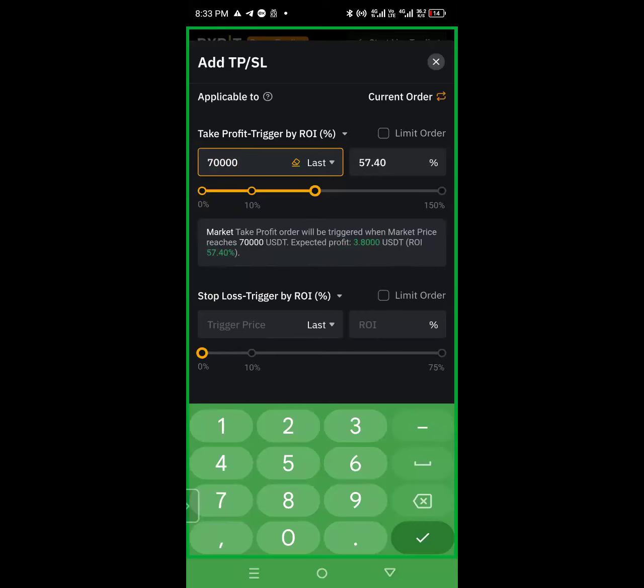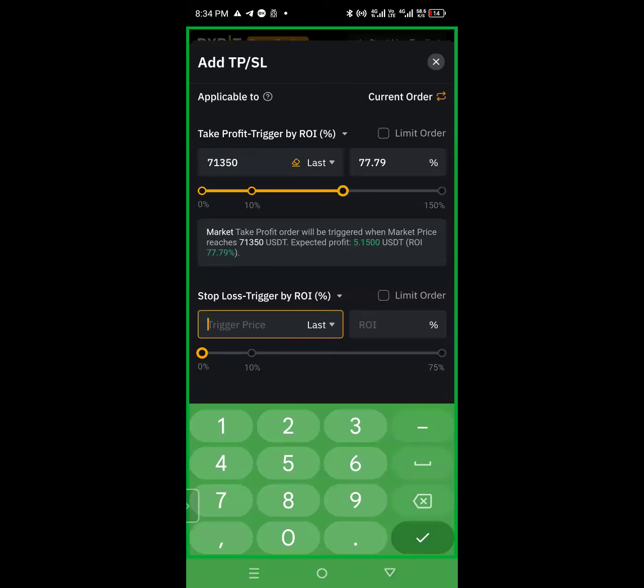You see that it has increased a little bit to $3.80, right? If I change it to TP3 now, 71,350, the expected profit has increased to $5.15, right? $5.15. Another thing that determines your expected loss and expected profit amount is your entry. We'll get to that later on.